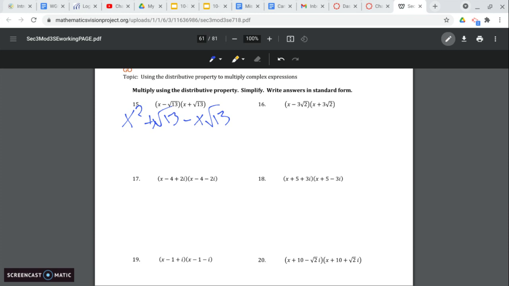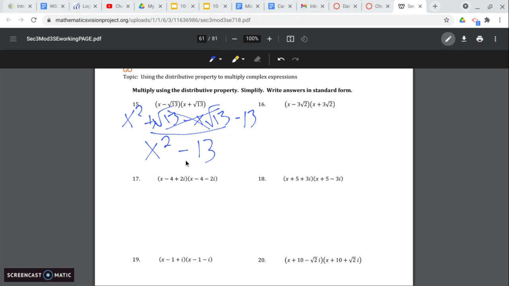And negative root 13 times positive root 13 is negative 13. Remember, when we multiply two roots with the same number underneath, the root sign cancels out and you're left with just the 13, or just whatever the number is underneath. Then these two terms cancel out because one's positive, one's negative. So our answer is x squared minus 13.